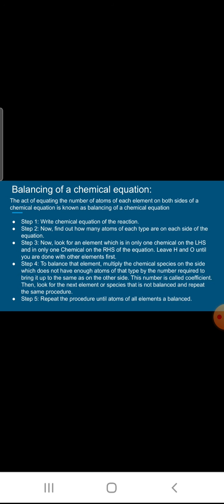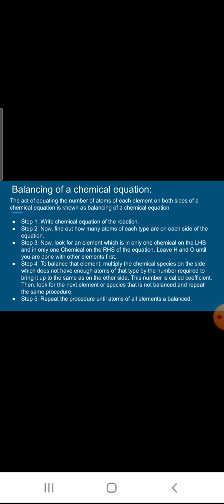It is good to leave hydrogen and oxygen for last, because we can balance hydrogen and oxygen at the end. Now, what we have to do next, to balance the element, is multiply the chemical species on the side which does not have enough atoms of that type by the number required to bring it up to the same as on the other side.